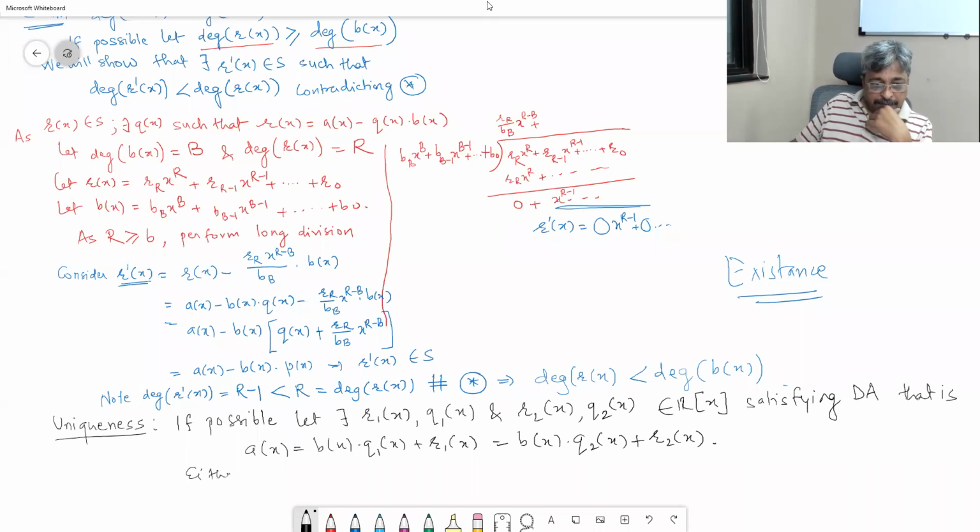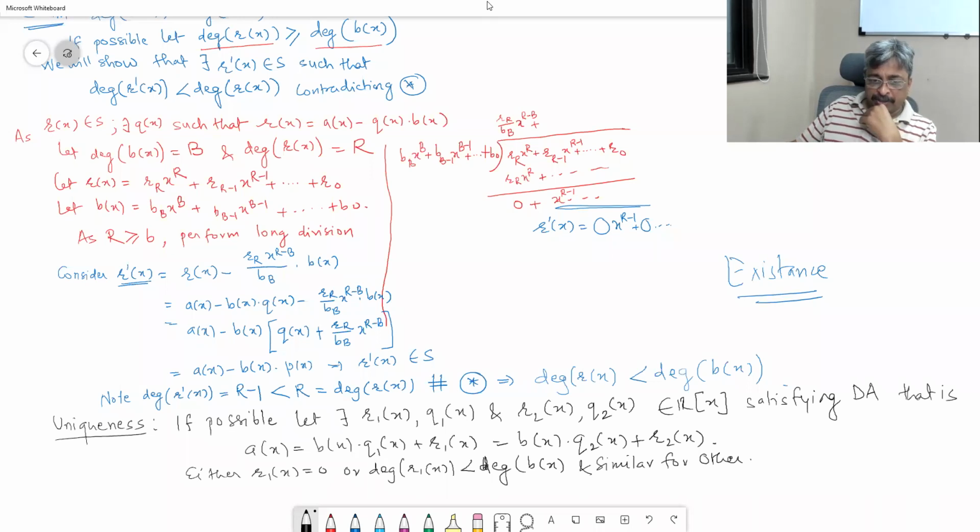Either r1 of x is equal to 0 or degree of r1 of x is less than degree of b of x, and similarly for the other.